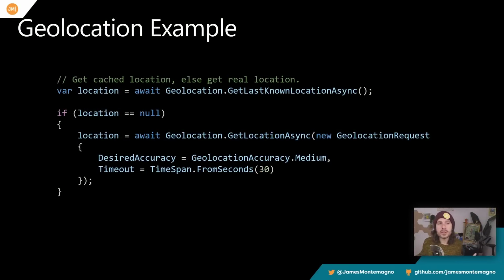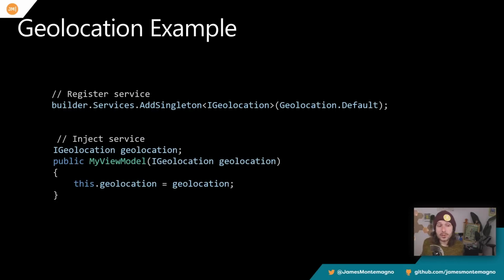So what does that look like? For example, if you wanted to use geolocation, there's a Geolocation class. You can get the last known location with a single line of code. It's all asyncified, which is beautiful. Or you can just make a geolocation request to get the location. What's really unique about .NET MAUI is that it uses the same exact app builder model from ASP.NET Core, which is the web platform, to do things such as app startup, dependency injection, and constructor injection as well.